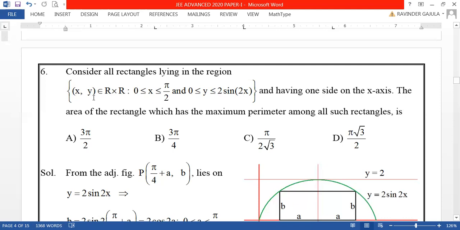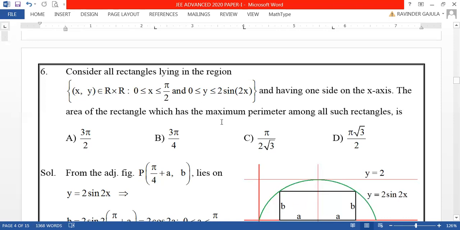Consider all rectangles lying in the region such that one side is on the x-axis, that means the rectangles should have one side on this x-axis.